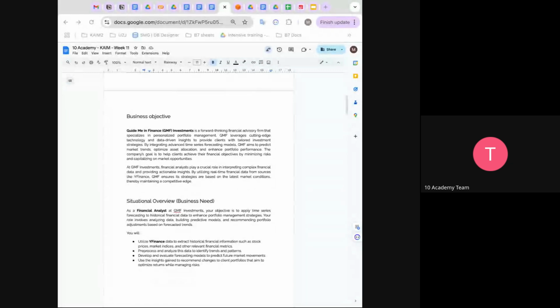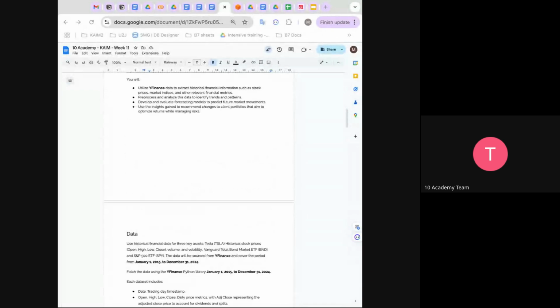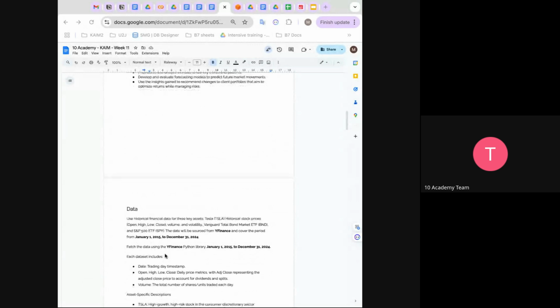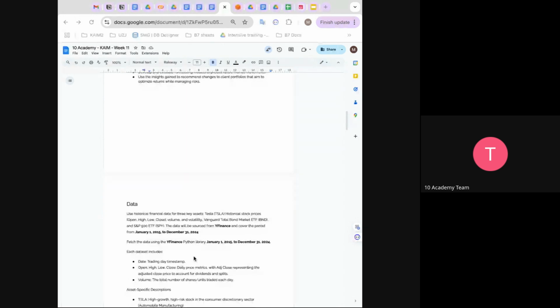So in order to accomplish this, we have data from Y Finance. The first asset is the Tesla stock price. It has open, high, low, close data columns, plus volume and volatility columns. You can assume Tesla stock price is a kind of high risk and high return investment.